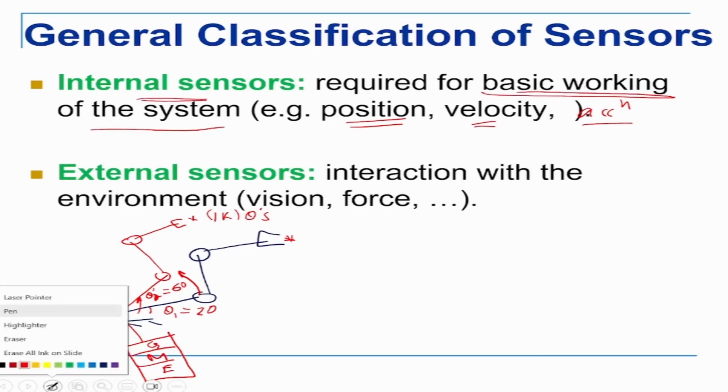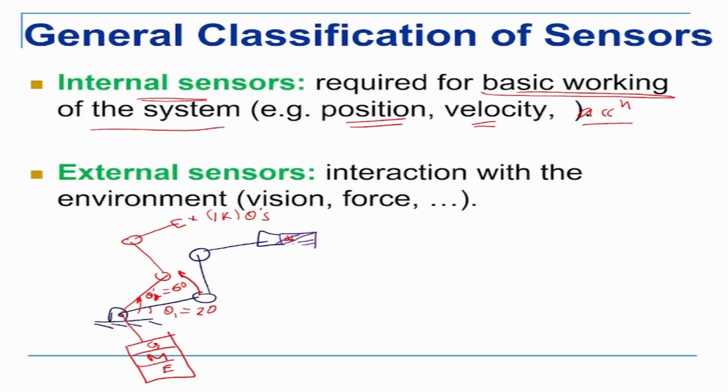Okay. Now, suppose this robot is performing a task like pressing against a wall with some force F. Now it will need some kind of a force torque sensor at the wrist also. This force torque sensor will tell the robot how much it needs to press against the wall.